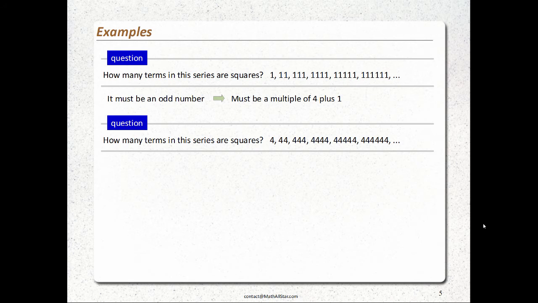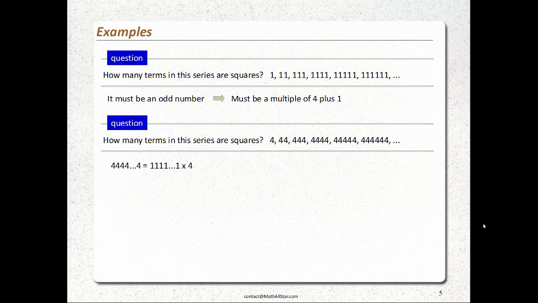The second question is similar to the previous one. How many terms in the sequence are squares? By utilizing the answer to the previous question, we can assert only the first term is a square. This is because every term in the sequence can be written as a product of 4 and a corresponding term in the previous example.